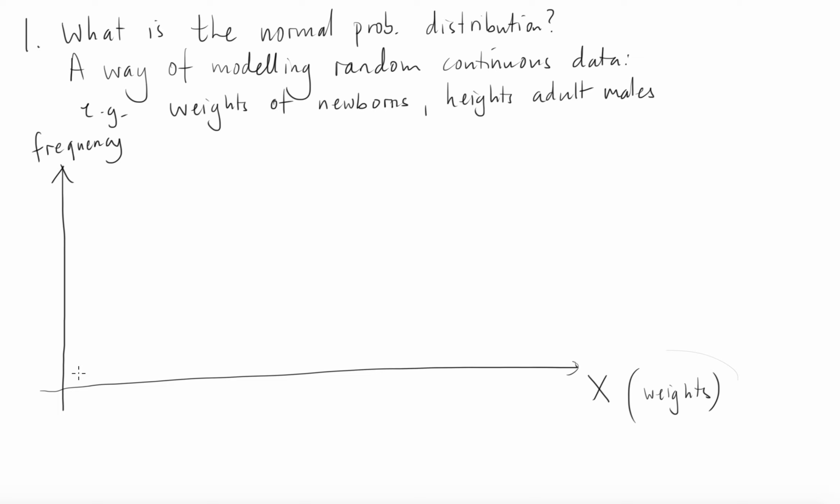We would see the distribution would be shaped like this. We call this the bell curve or a Gaussian curve.